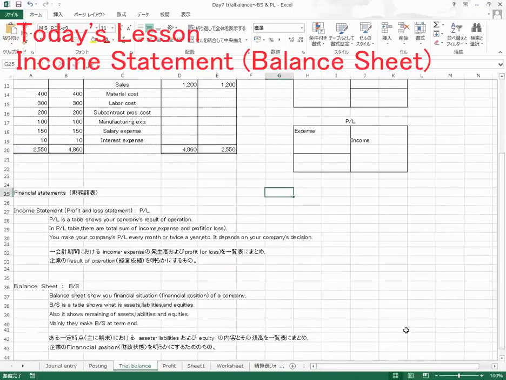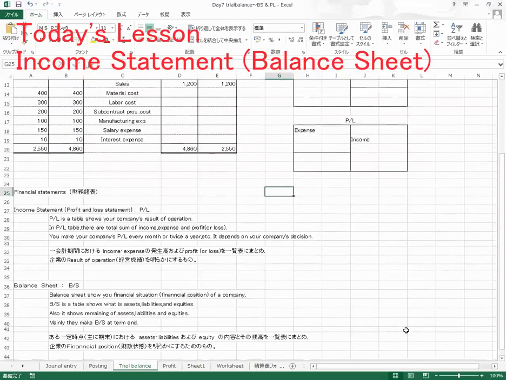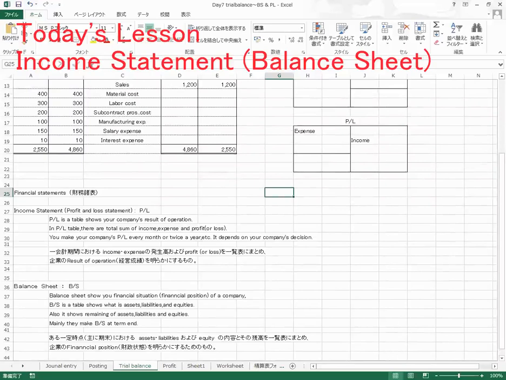The balance sheet, we will call it BS. The explanation says it shows your financial situation or financial position of your company. The BS is the table that shows what the assets, liabilities, and equities are, and also shows the remaining balance of each.